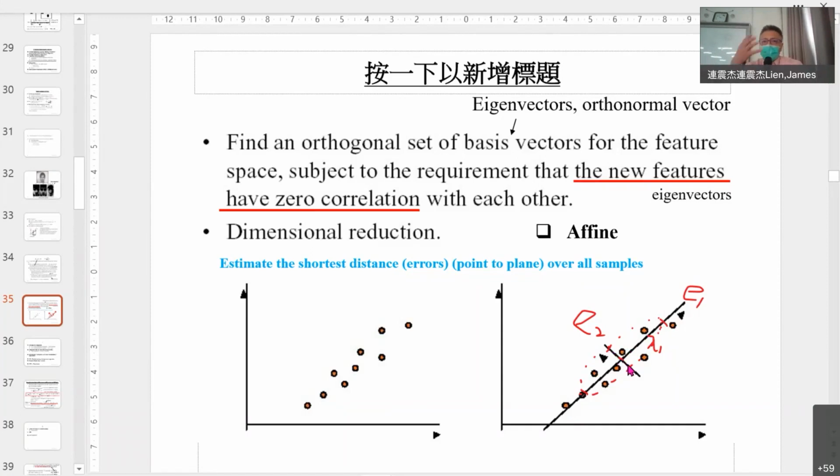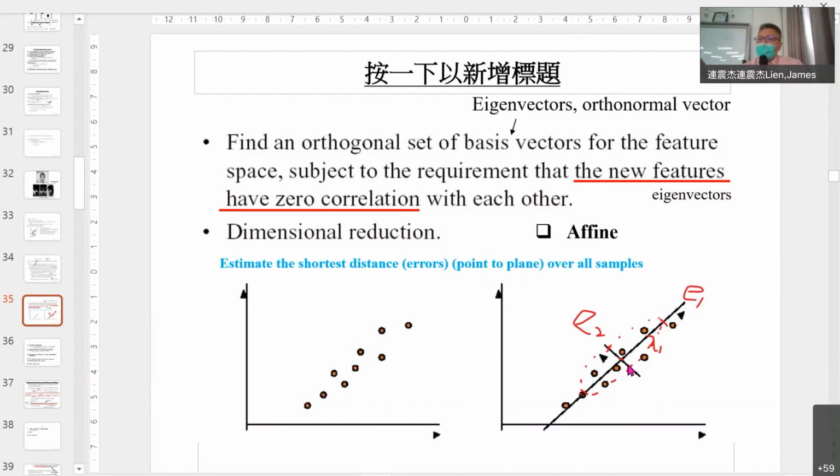For example, if I want to recognize faces, my eigenvector 1 is the eyes, my eigenvector 2 is the mouth. Based on eigenvector 1, we can recognize probably 60% of people.